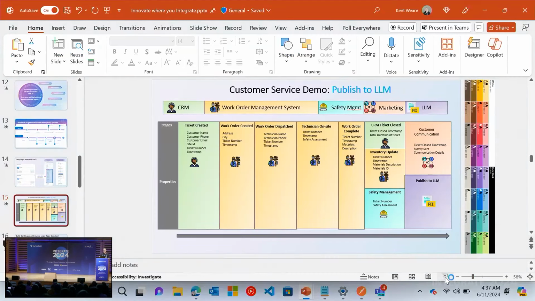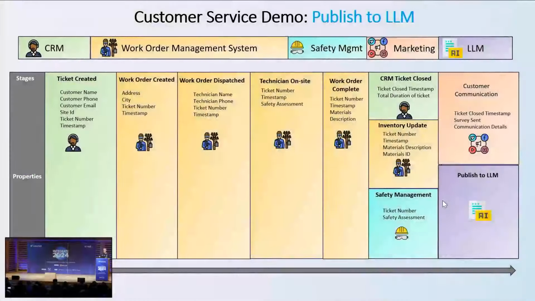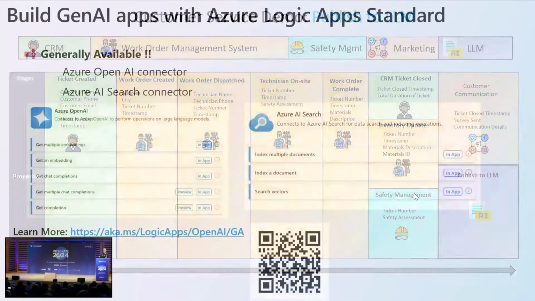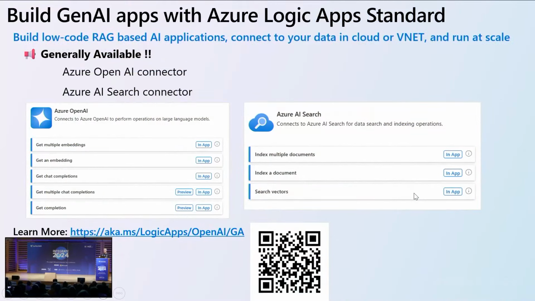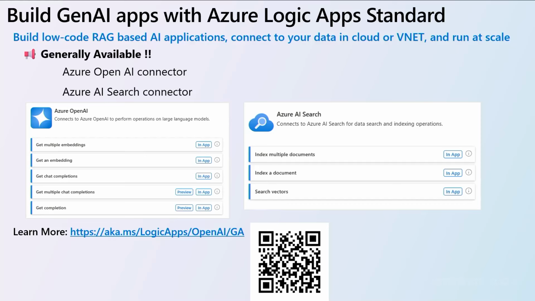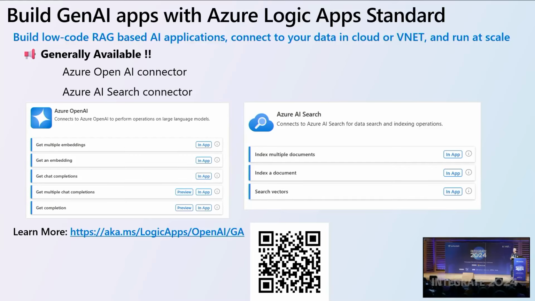All right, so that's that for the demo. As I mentioned before, these connectors came out in preview, I guess it was kind of January-ish. Now we've seen a lot of interest in these particular connectors. Some customers have said, yeah, we really like what you're doing, please make these GA so that we can use them in production.